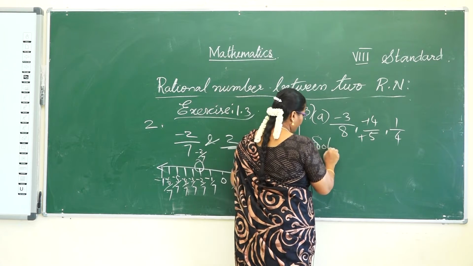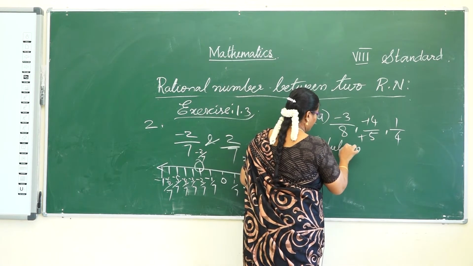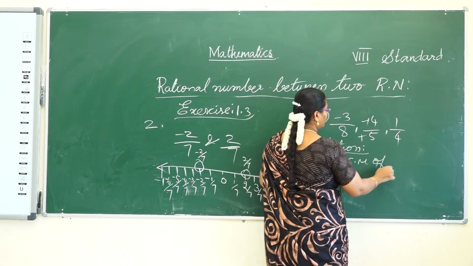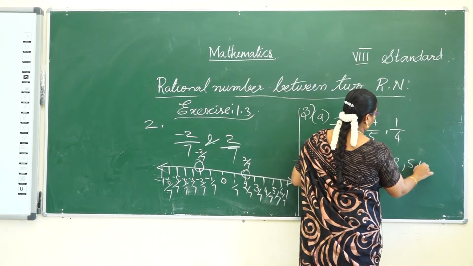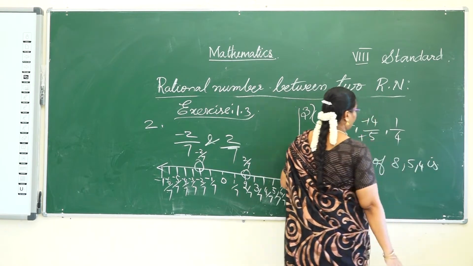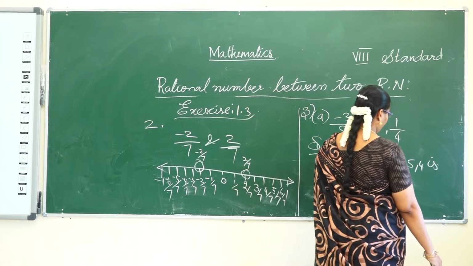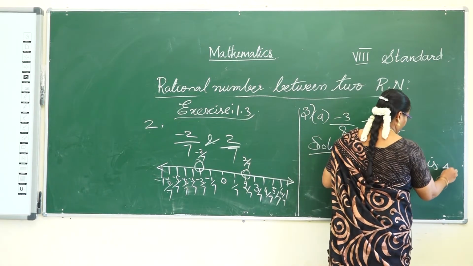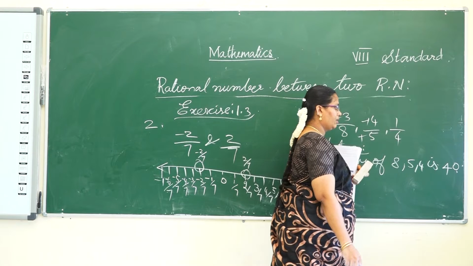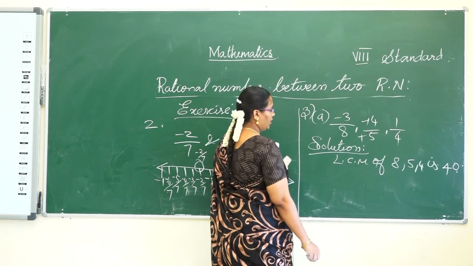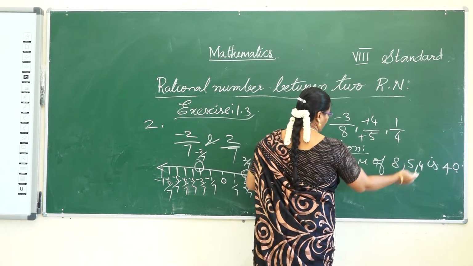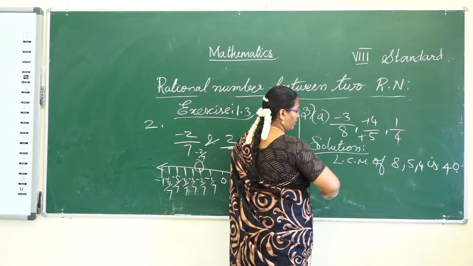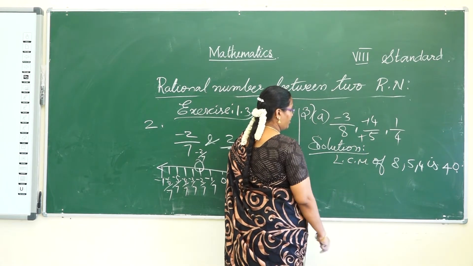The LCM of 8, 5 and 4 is which number? 40. 8 5s are 40, 4 10s are 40, so the common multiple 40 is considered.